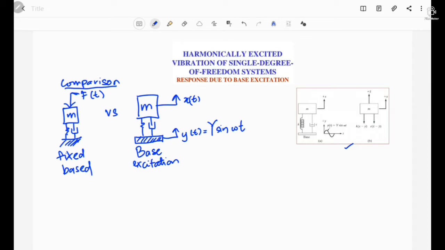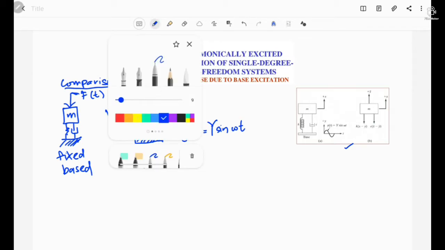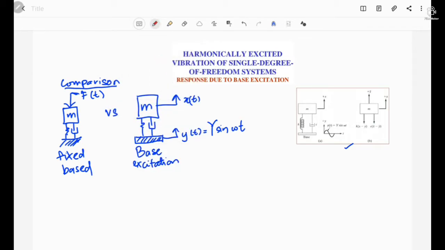So the main difference is not just the type of base, but also that here the input is F(t), but here the input is Y, which is displacement. Here we call the input y(t). So this is force, the input is force. This one, the input is displacement.